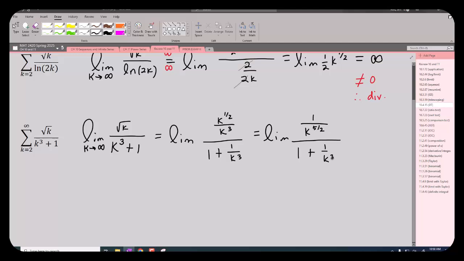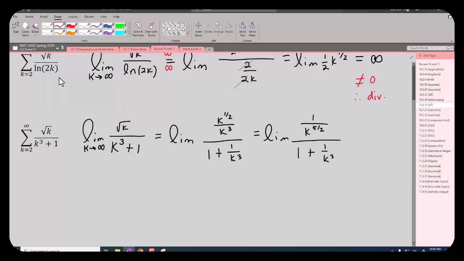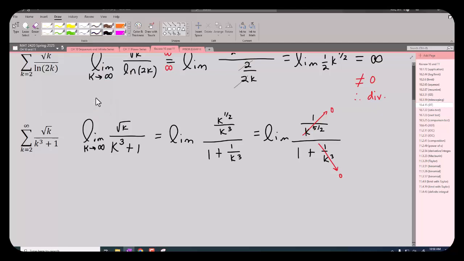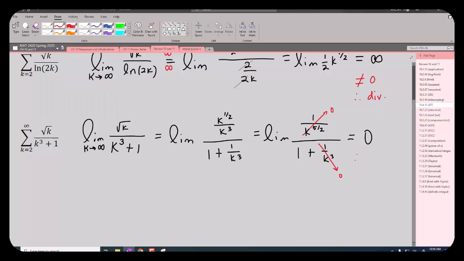What we notice is that these terms are going to 0 in the numerator, and this term right here is going to 0 in the denominator. So the numerator is going to 0 overall, and the denominator is going to 1 overall, and 0 divided by 1 is 0. So what do we say then about the divergence test in this case? It's inconclusive. So we say that that is inconclusive.